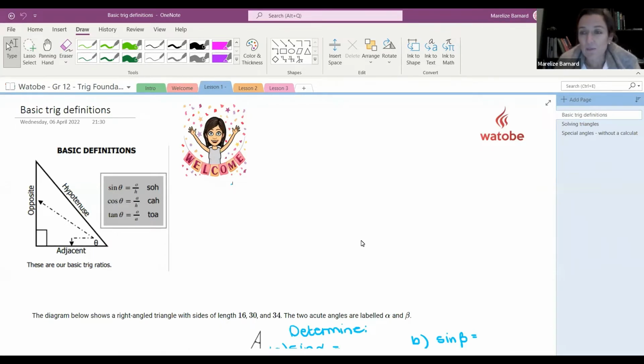It's anything between 30 and 40 marks. So one has to be on top of the foundations so that you can tackle some of the harder things you get to do in grade 12. So for today and the lessons coming, we are just going to revisit some of those basic ideas around trigonometry.